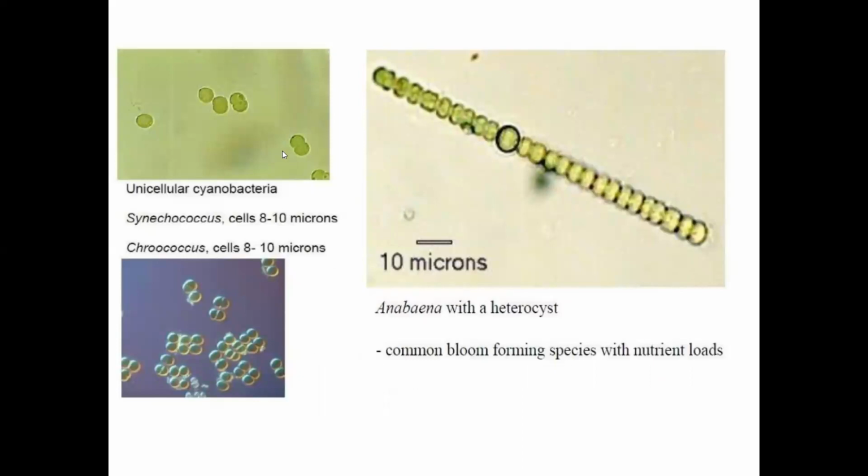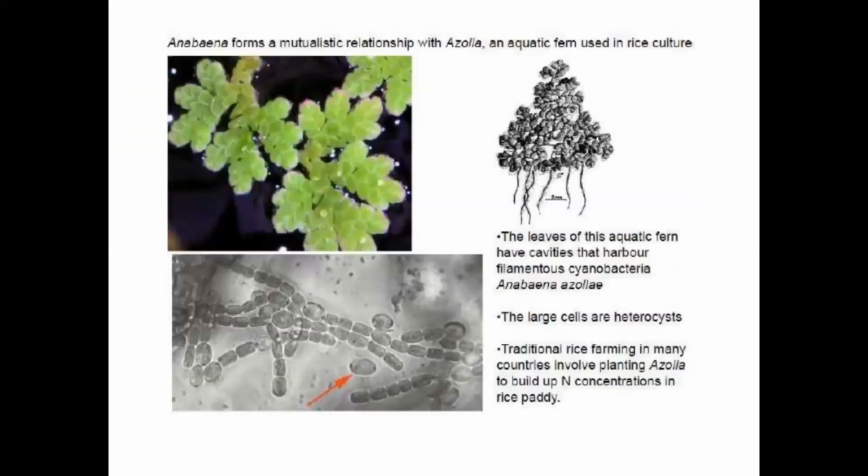So these are unicellular cells, these are clumps, and this is a filamentous one. So these are different cyanobacteria you can see. Sometimes the aquatic fern, means the small plants present in aquatic bodies, have these cyanobacteria, Anabaena and Azolla.